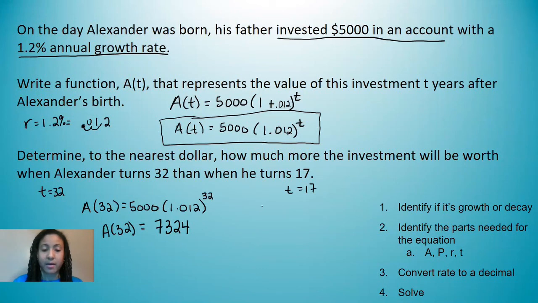We have A of 17 equal to 5,000 times 1.012 to the 17.